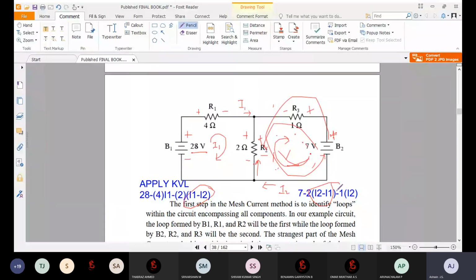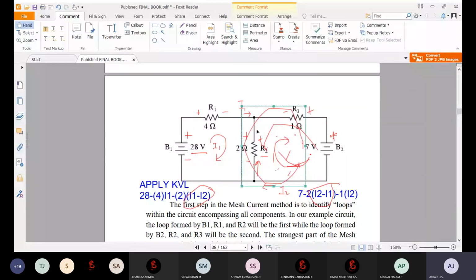In some cases in the circuit diagram itself they will represent the current direction. On that time you have to write the equation according to the direction which they represent. Okay? If you practice more problems, then you will get clarity about it. I'm telling you for the first time, so you may still have a lot of confusion.